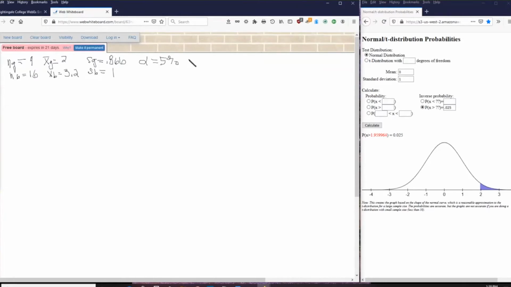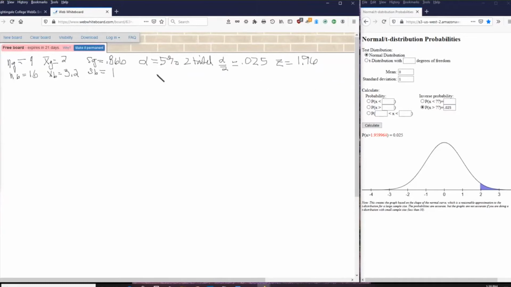It's a two-tailed test, which means that it's split, which means our alpha over 2 is going to equal 0.025, and that's going to give us a z-score of 1.96.